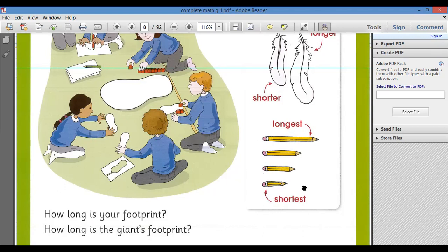And shortest, he is the shortest boy in the class, means his height is shorter than his classmates. Okay, let's solve a worksheet for your better understanding. Wait, let me open the worksheet.